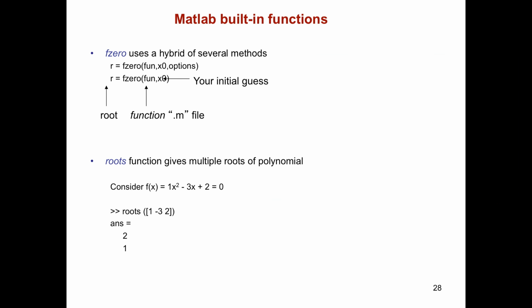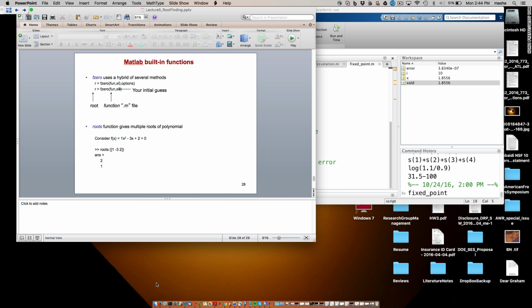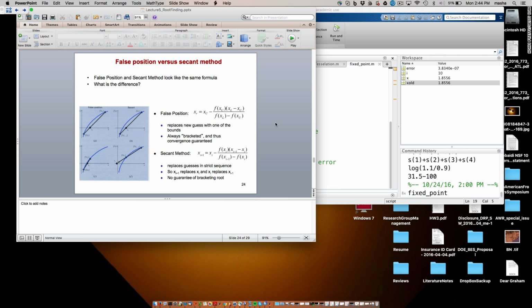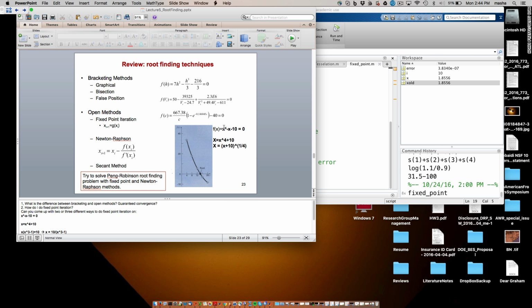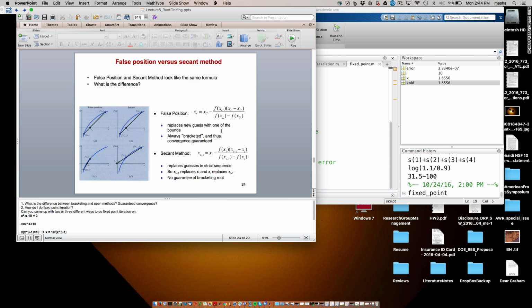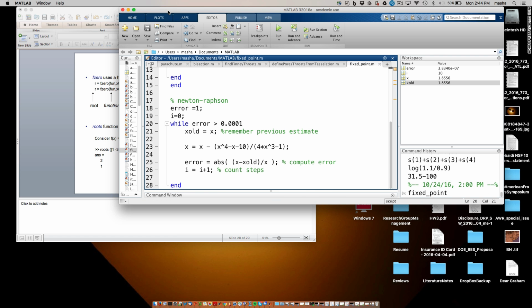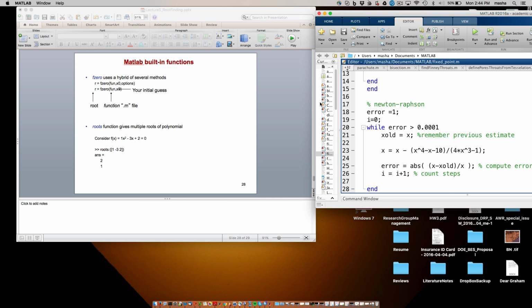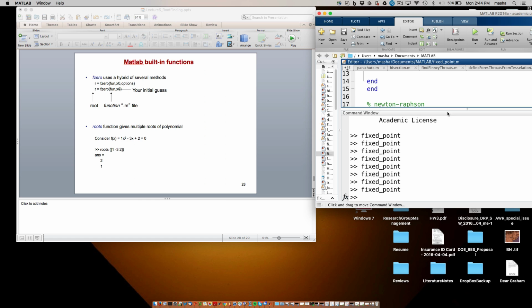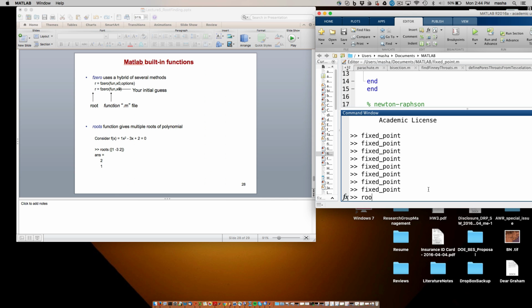So how would I, using roots, find roots of the function f that we looked at here? So it's x to the 4 minus x minus 10. What would I type in? Roots of?